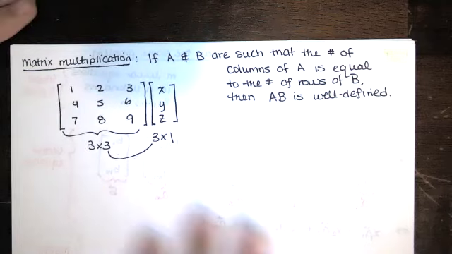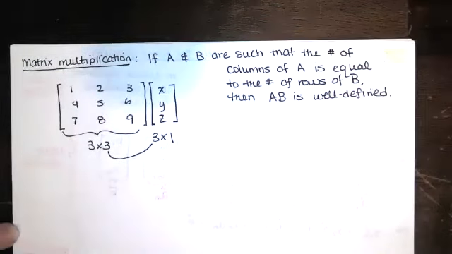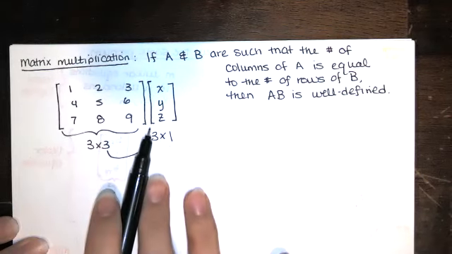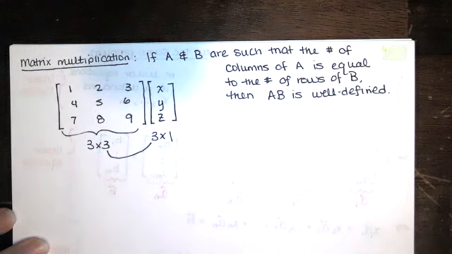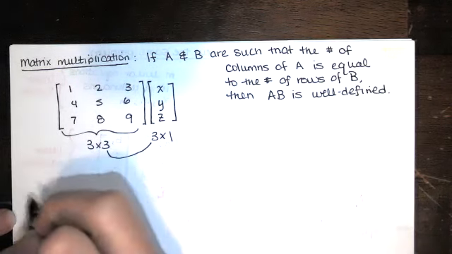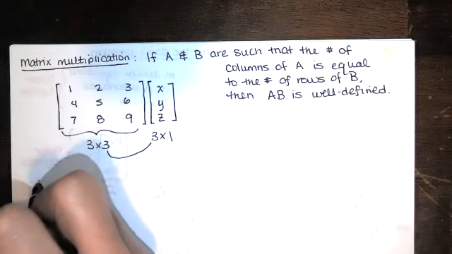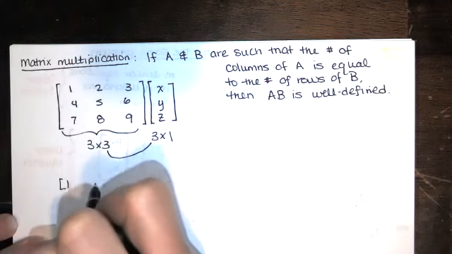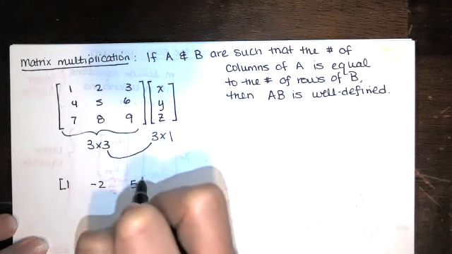And then we evaluate this in terms of what's called a dot product. So what we're going to do is take the first row here and the first column here, and compute a dot product. Let's say you've got a vector that looks like this: 1, negative 2, 5.